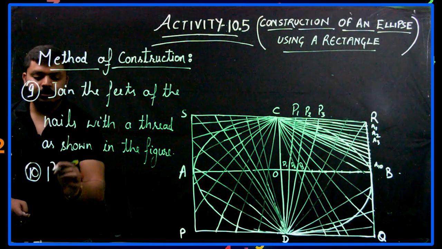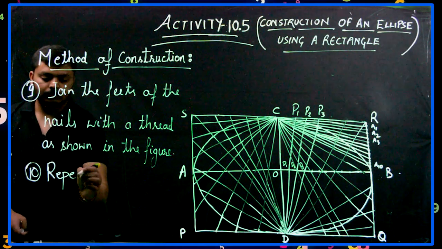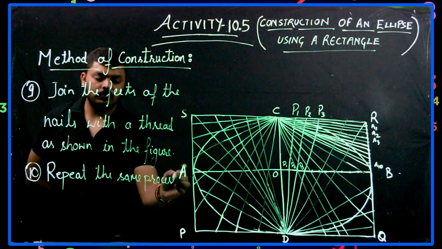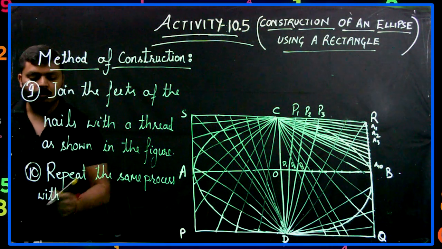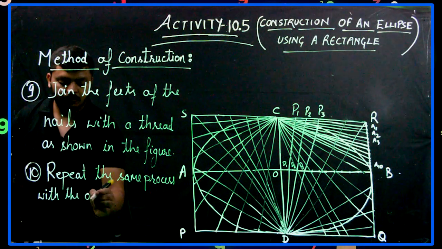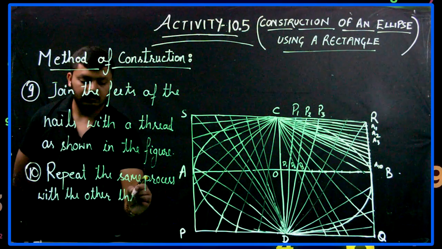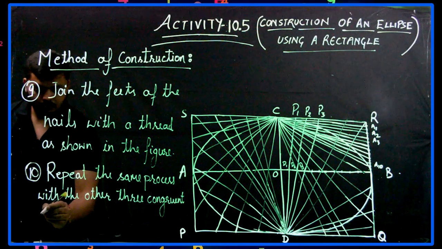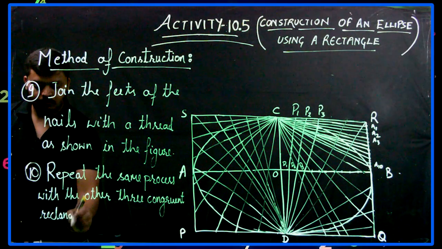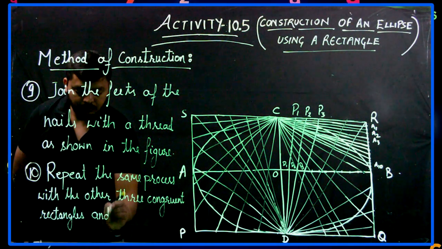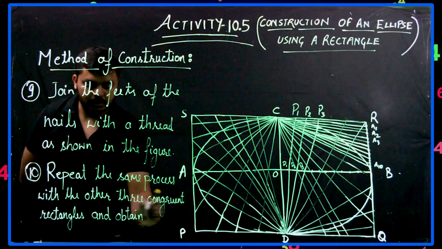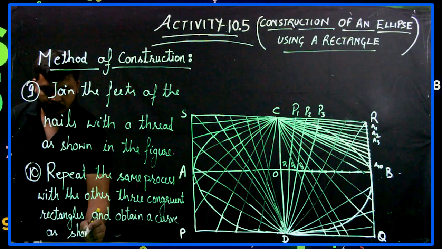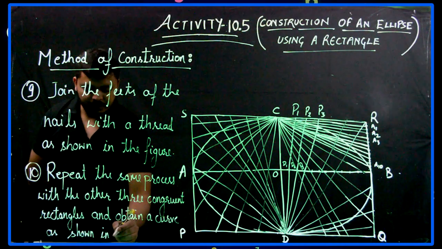So now students, repeat the same process with the other 3 congruent rectangles and obtain a curve as shown in the figure.